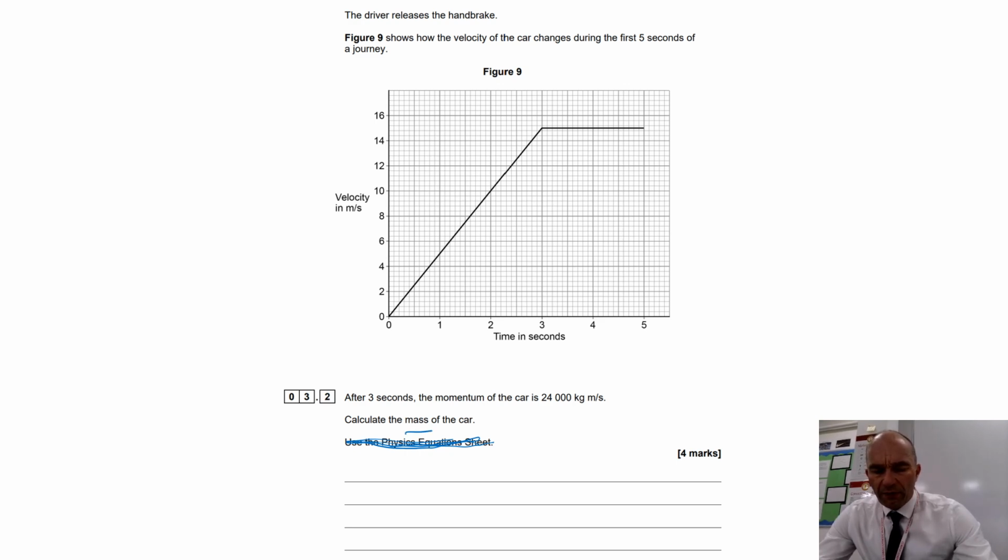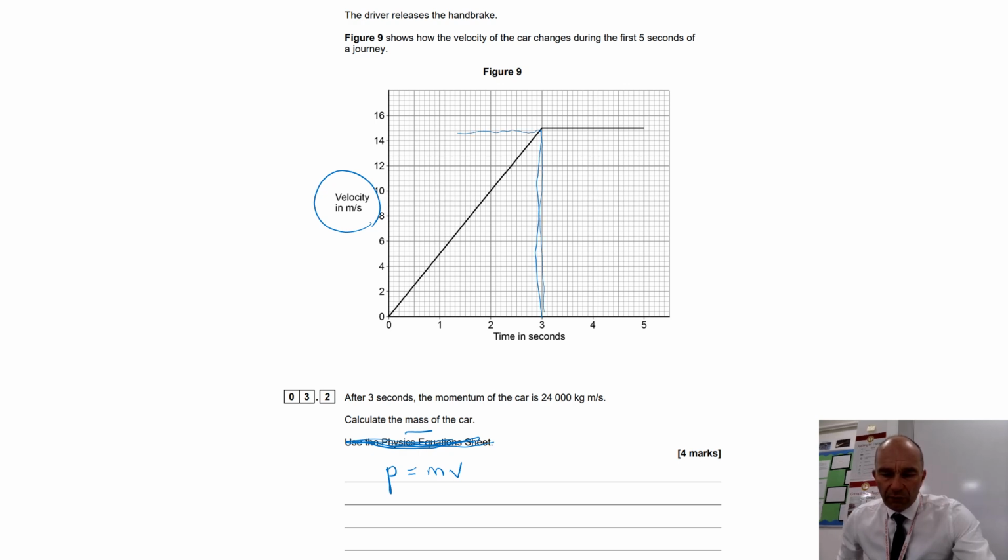Now, momentum, mass, and the other factor we've got, if you think about it, is velocity. So momentum is mass times velocity. After 3 seconds, the momentum of the car is 24,000 kilogram meters per second. So we've got the momentum. If we draw a line up here, we can work out what the velocity of the car was.